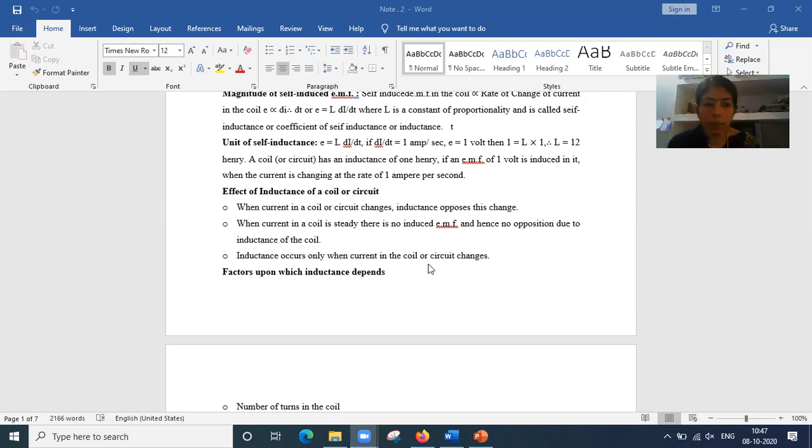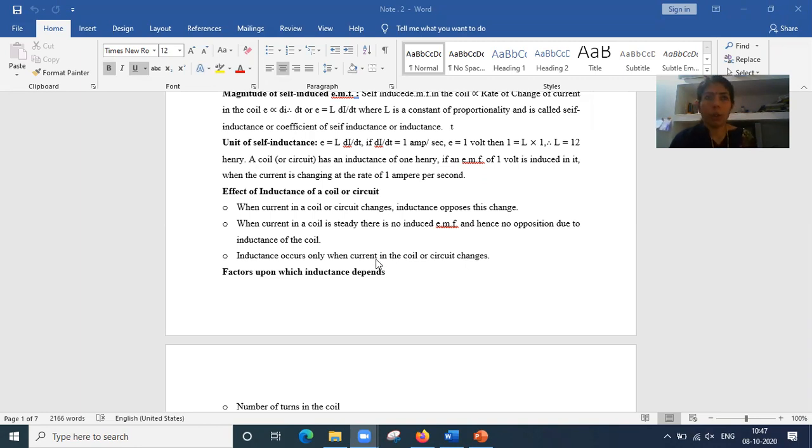According to Faraday's law, whenever there is a change in magnetic field, only then will it produce an EMF. Here there is no change in the magnetic field, since the current is constant, so it will produce only a constant magnetic field. A constant magnetic field cannot produce an induced EMF. So there will be no induced EMF in it. And inductance occurs only when the current in the coil or circuit changes.